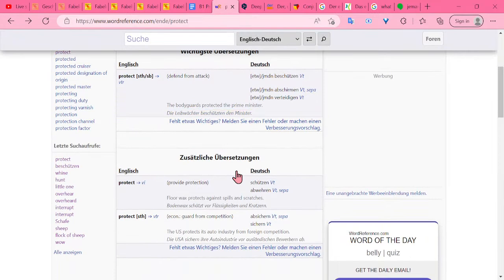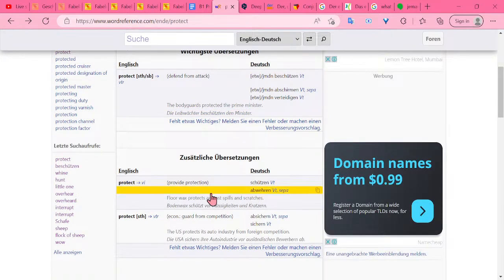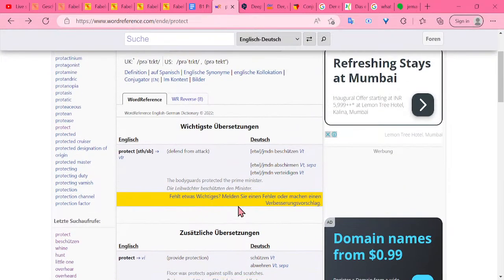Protect or provide protection, defend from attack. This is the right meaning. Abschirmen. What again is more like avoid, isn't it? Beschützen.